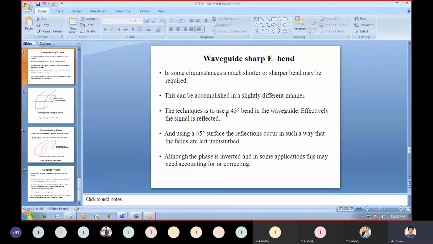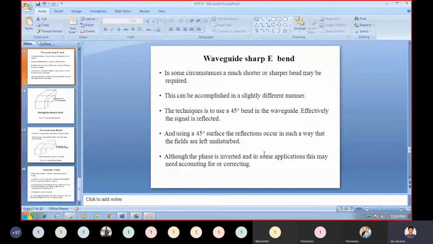In the previous case, we chose a 90 degree bend in the waveguide, where effectively the signal is reflected. Using a 45 degree surface, the reflection occurs in such a way that the fields are left undisturbed.